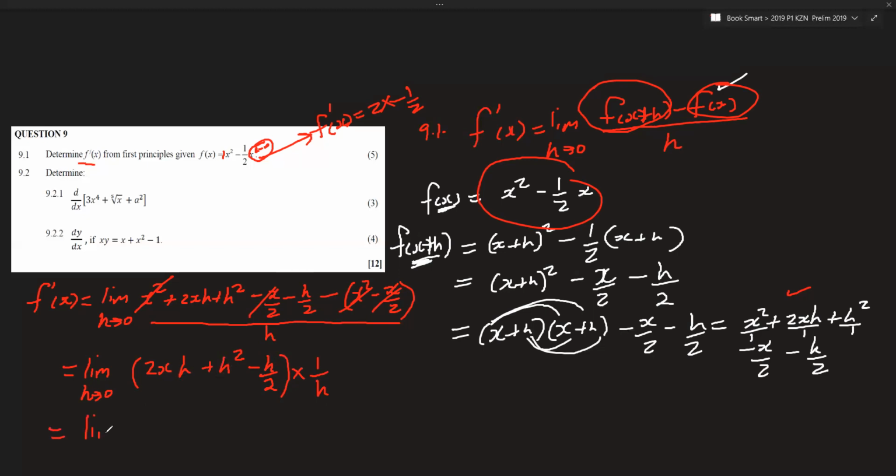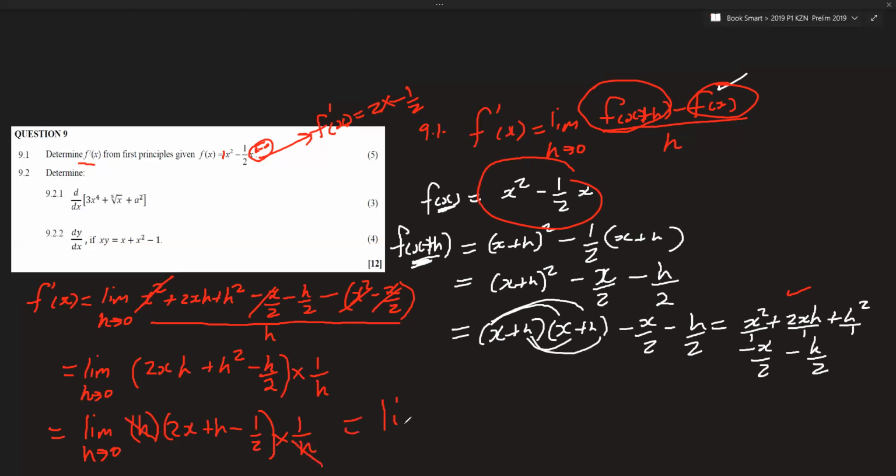So I have limit as h approaches 0. You keep on writing the limit as you go down, right? I'm taking h out here as my common factor. So here I'm left with 2x, here I'm left with h, here I'm left with negative 1 over 2. Then multiply by 1 over h. If you check, this h at the top will cancel with that one at the bottom, right?